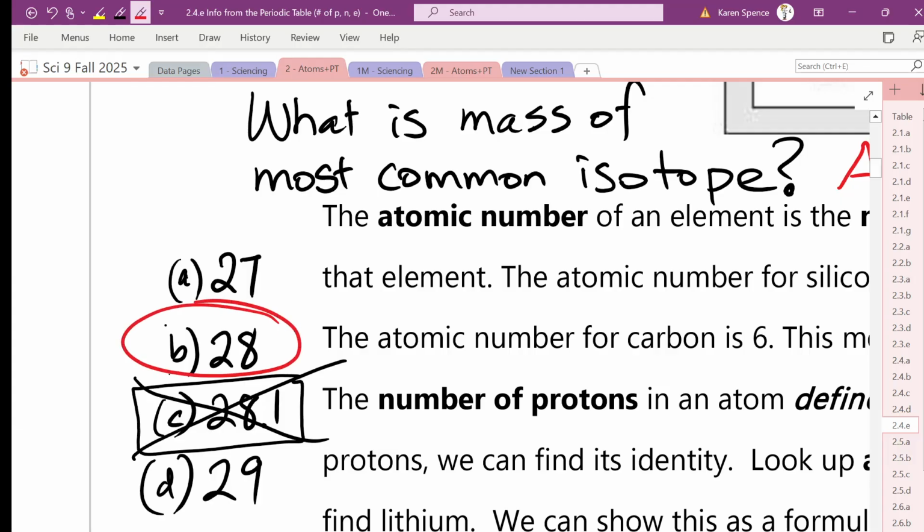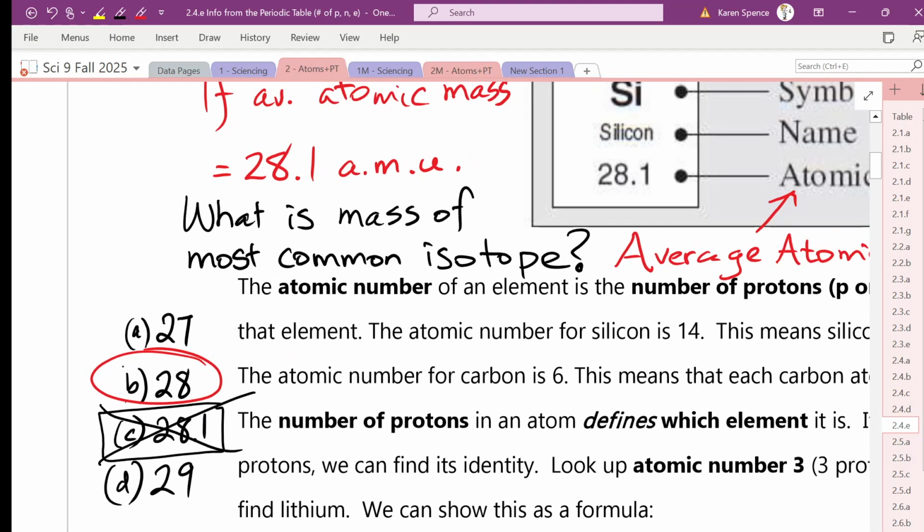What do you think the mass of one of the other isotopes might be? 29. Probably 29, because our average is somewhat bigger than 28. Well, the average is 28.1. That's a little bit bigger than 28, right?